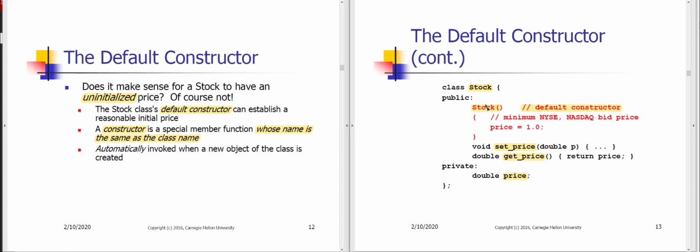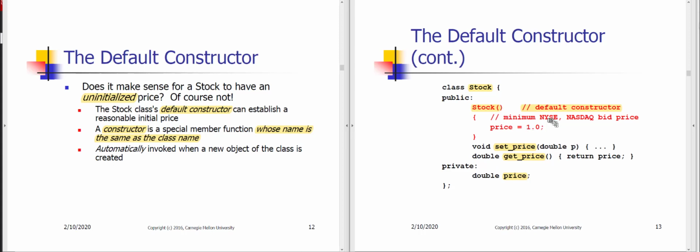The default constructor name is the same as the name of the class, and it's called the default constructor because it does not receive any argument values. It is invoked automatically by default when you create a stock object in an application like main, or any other code that's not directly part of the stock class itself.